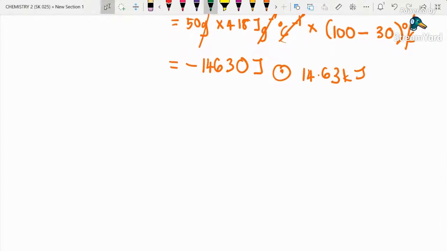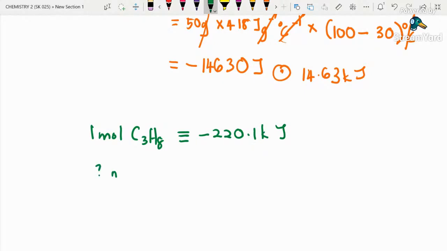So kita akan further calculate 1 mole propane combusted produce negative 220.1 kilojoule. How many mole of propane if it release 14.63 kilojoule?